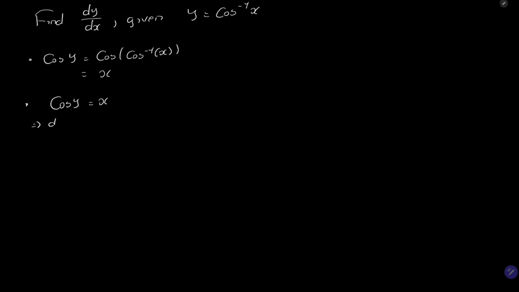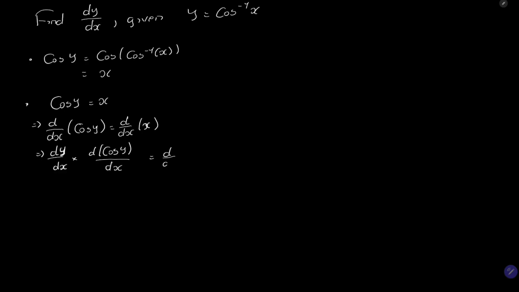This leaves us with d on the dx of cos y equal to d on the dx of x, which implies that this gives us dy on the dx times d of cos y on the dy equal to d on the dx of x.